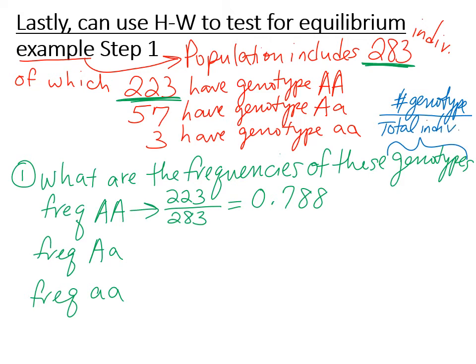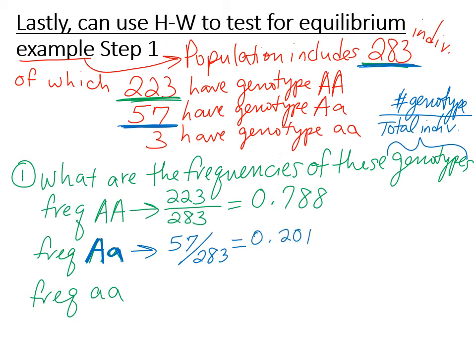Okay, so then our second one, I'll change the color so you can see this, are heterozygotes. What's the frequency of heterozygotes? Well, 57 out of 283 individuals have the heterozygous genotype. So you do 57 divided by 283, which is equal to 0.201.